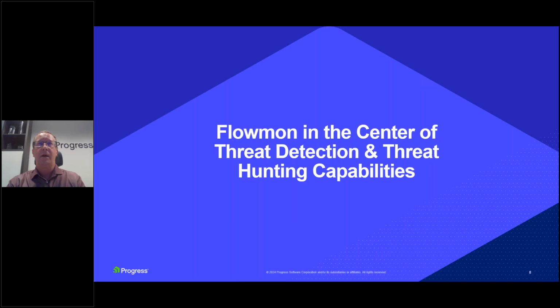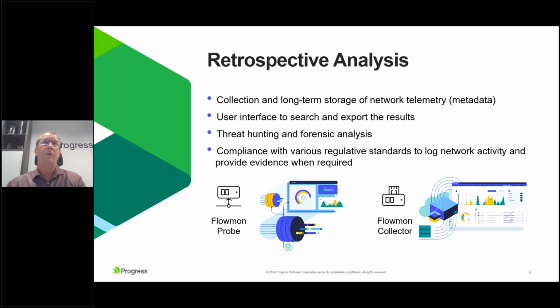So as you have seen, you can use Flowmon as your center for threat detection and threat hunting capabilities. The way you achieve this is through continuous monitoring of the whole network environment using our probes or using routers and switches.